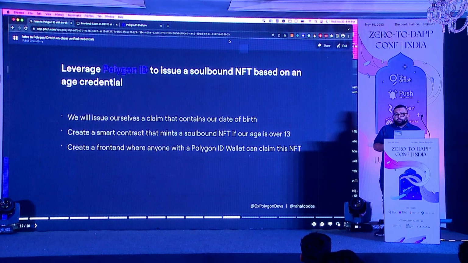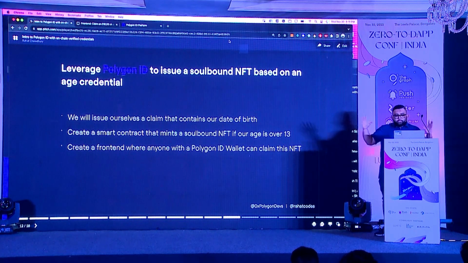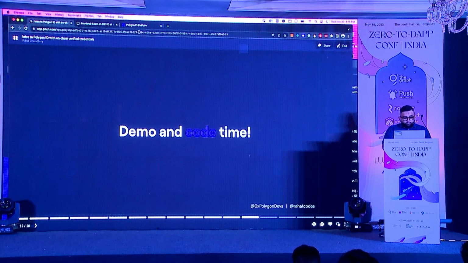Maybe they're verifying your passport or your ID, and they issue you a claim based on that verification. Then you have some app that looks at that credential, verifies that they trust the person who issued you this claim, and says, okay, cool, I know this person is 13 or older, I'm going to issue them this NFT. In our case, we're going to be wearing both hats. So let's take a look at some code.